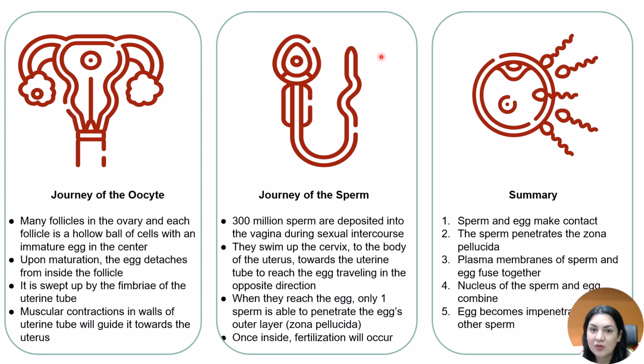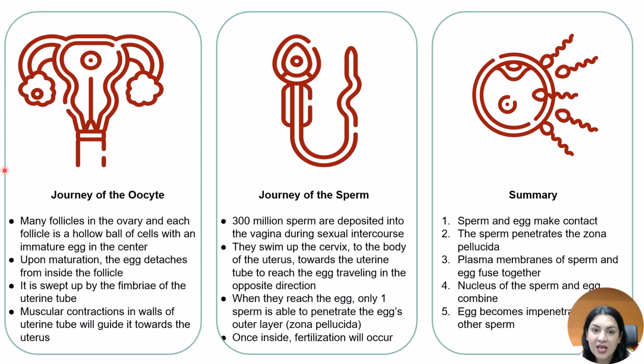It's just so you understand the big picture of how fertilization even occurs. This slide in particular is less about knowing the nitty-gritty details, and more about understanding the general principles of how we go from single cells, so egg and sperm, to becoming a zygote.